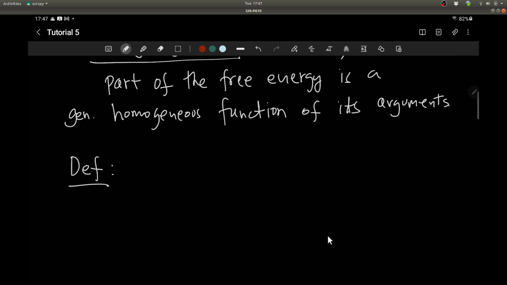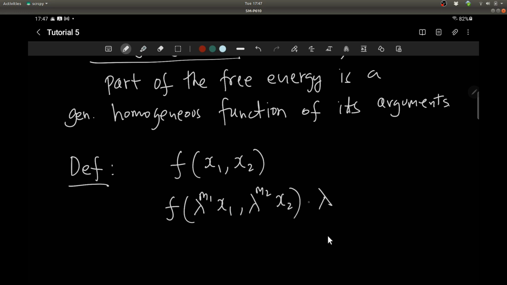So suppose you have some function f of some variables x1 and x2, and it's a generalized homogeneous function. So what it says is that f of lambda power m1 x1, lambda power m2 x2 is equal to lambda power some other number times f.